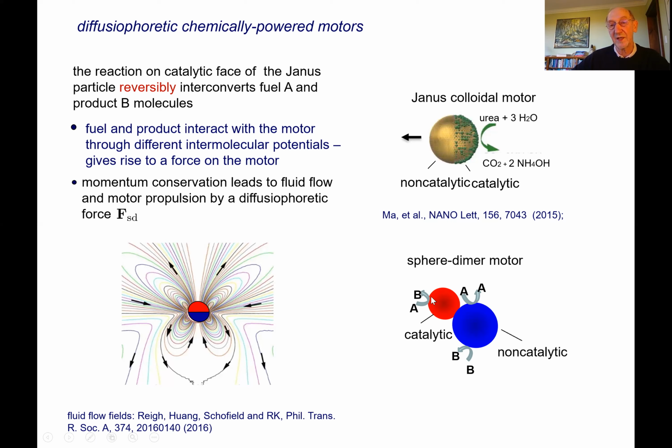I'm also going to be talking about another type of Janus motor, a sphere dimer motor, where the catalytic portion is now a sphere and the non-catalytic portion is an attached sphere. But the physical underpinnings are the same for both of these motors.